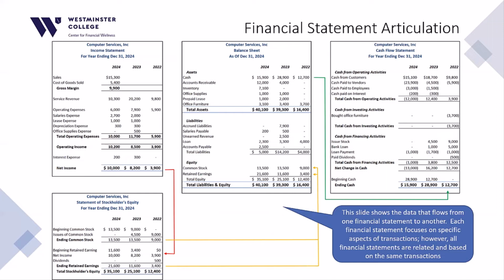One of those sets of arrows shows how net income goes from the income statement to the statement of stockholders' equity, and then from the balance in the retained earnings, which it is part of, up into the balance sheet. It's just to remind us that our financial statements are related. Together, they tell the whole story. One individual statement doesn't quite tell us everything that we need to know.